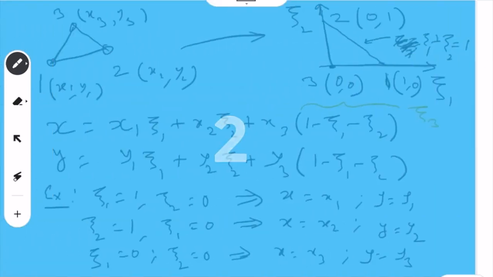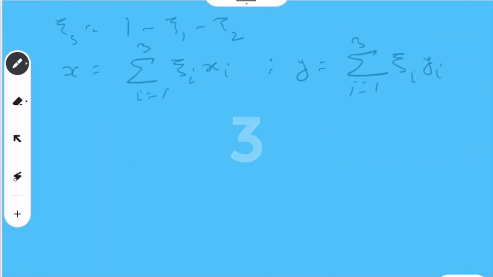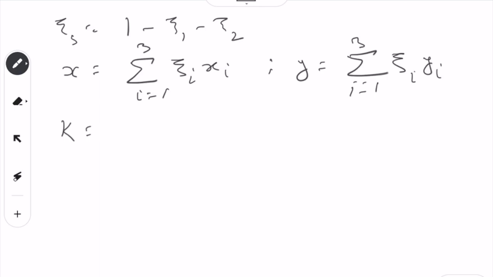Now we will do the same thing, the only thing is we have to find k. Let us say we are talking about the isotropic system. So we get k equals integral of B transpose B d omega.